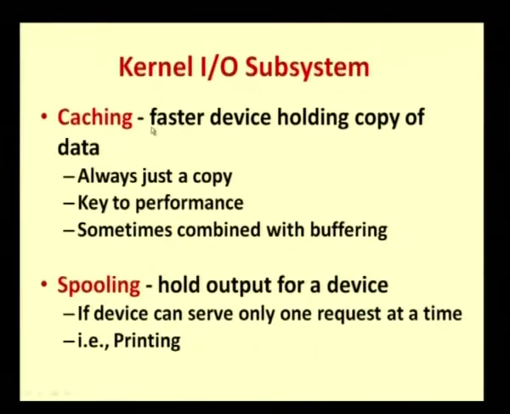The third kernel I/O subsystem is caching. What is caching? Caching is a faster device holding a copy of data. What is a cache memory? Cache memory has a small amount of memory, something like a buffer memory. The entire data is available in your secondary disk, the hard disk, but the secondary disk cannot run at the speed of main memory, the RAM.